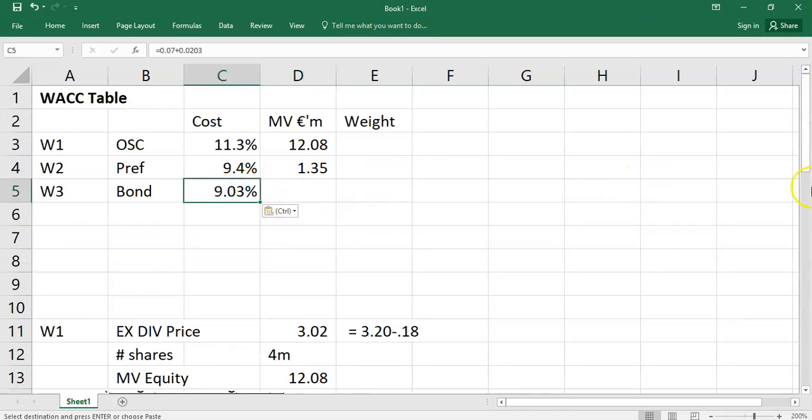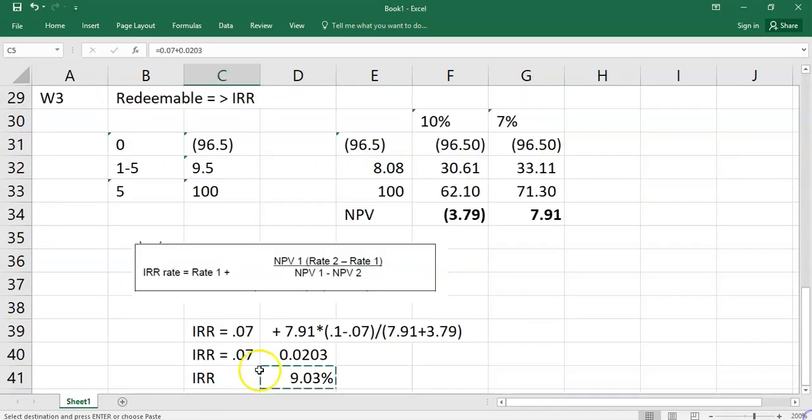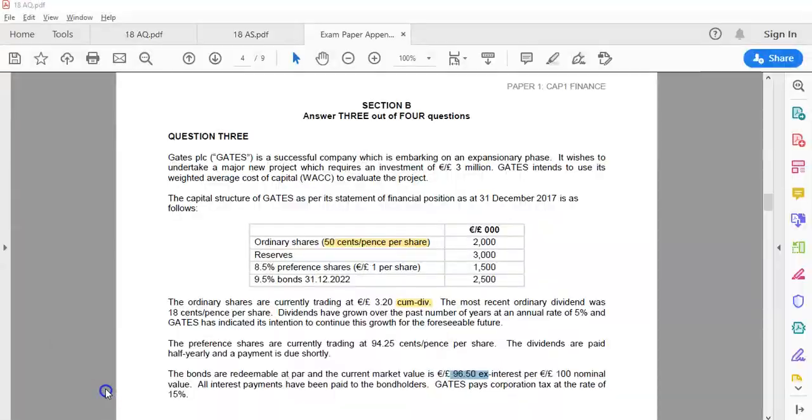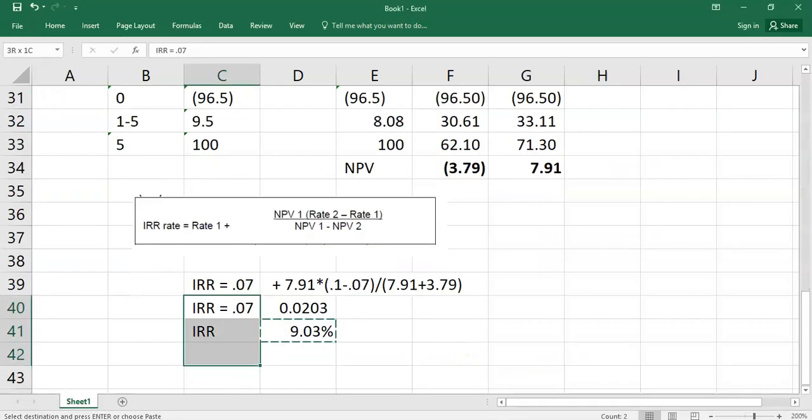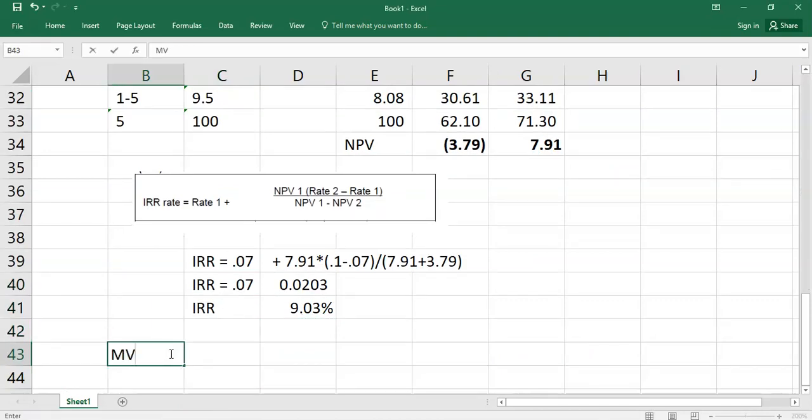And to get the market value of your bond, you take the par value, which in this case was 2.5 million. You divide by 100, because that's its nominal amount, and you multiply by 96.50, because that's its true price here. So the market value here will be 2.5 million divided by 100 times 96.5.